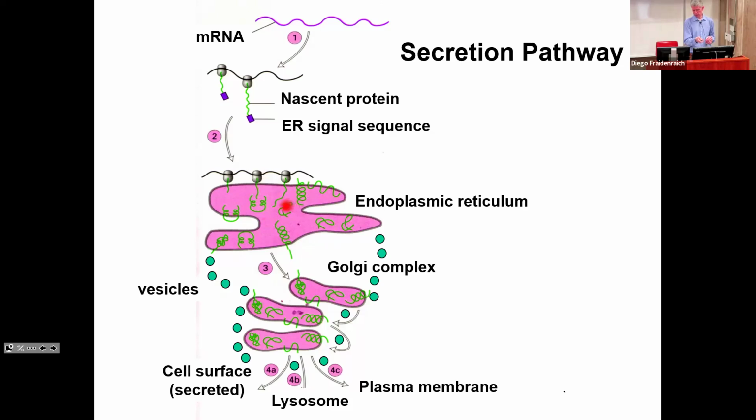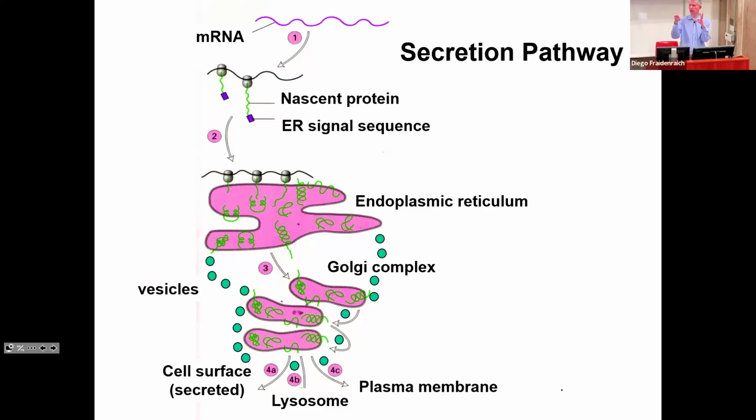Then some proteins would just stay in the endoplasmic reticulum. Some proteins would go to the next compartment, which is the Golgi apparatus, the Golgi complex. And this movement goes within vesicles.